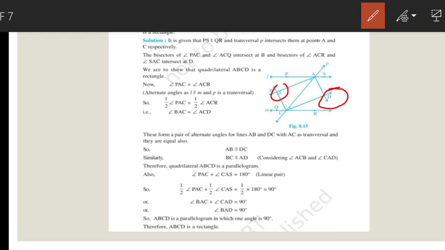Now angle PAC is equal to angle ACR, alternate angles. When we bisect it, half of PAC is equal to half of ACR. We will get BAC is equal to ACD.